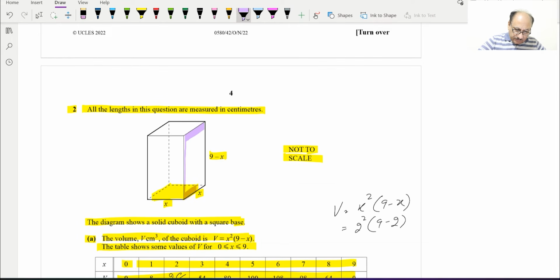These rectangular sides, there will be 4 faces. So 9 minus x multiplied by x will be the area of one face, and we can write area will be equal to x into 9 minus x.